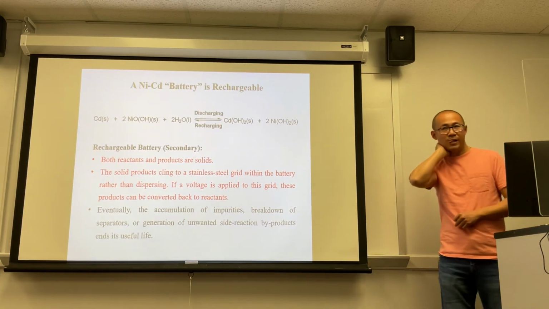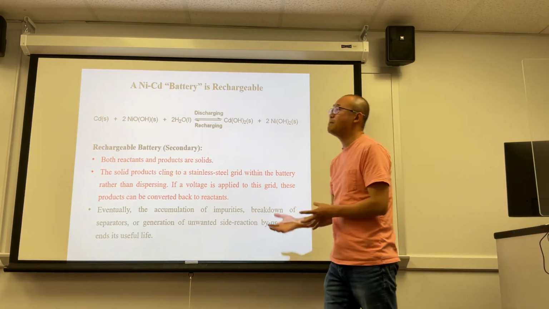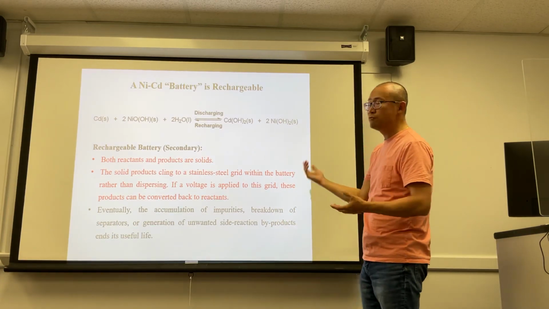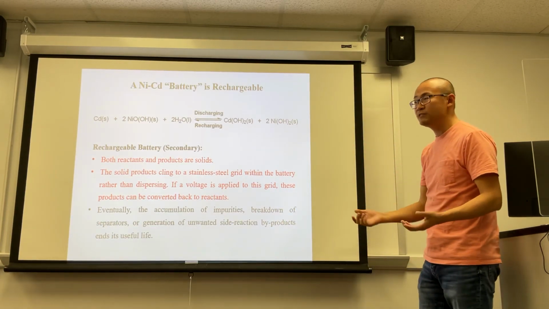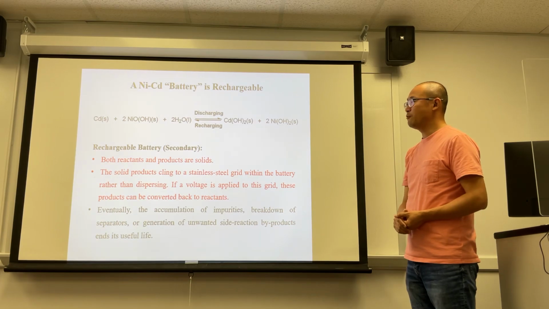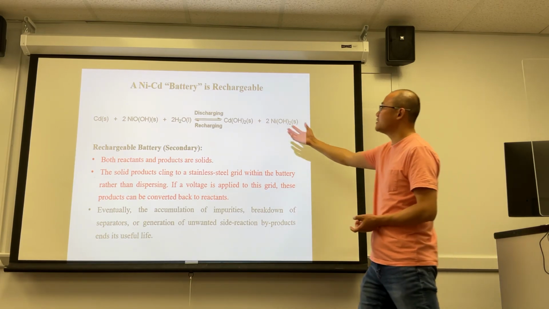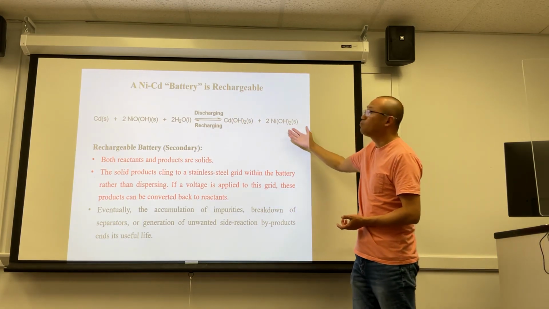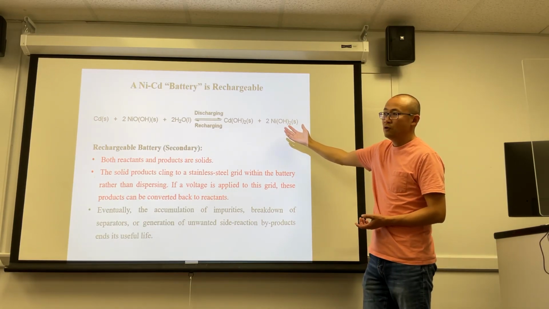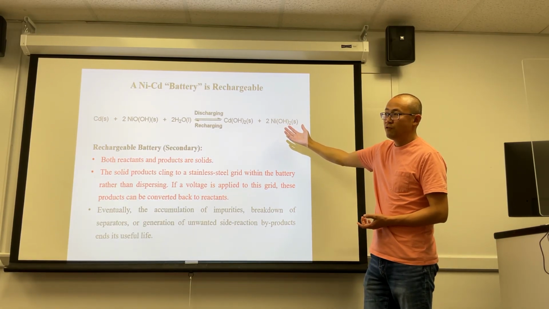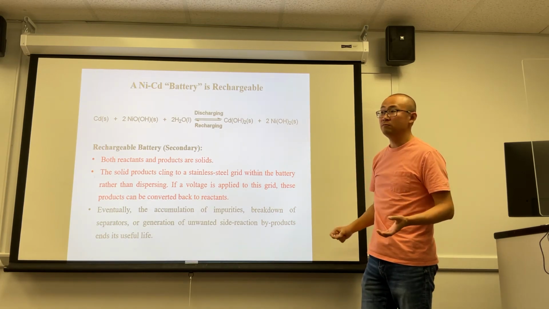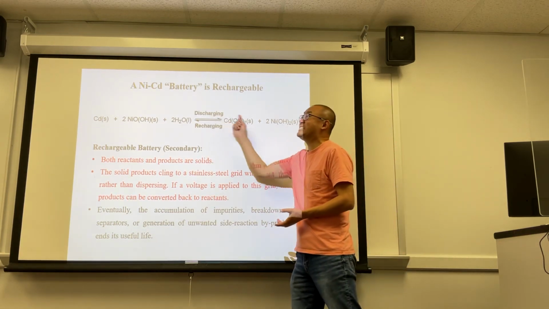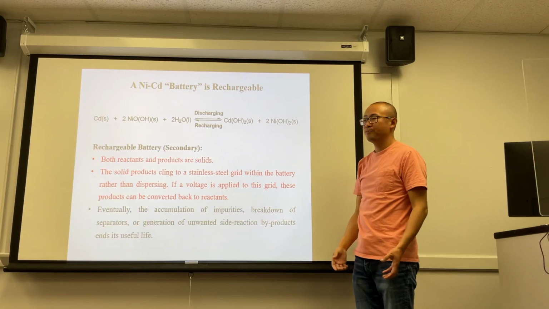Okay, next. Nickel cadmium battery, like the one we use in our power tools, is rechargeable. Rechargeable means the reactants can go to products through an electron transfer. We call the process discharging when we use the battery.